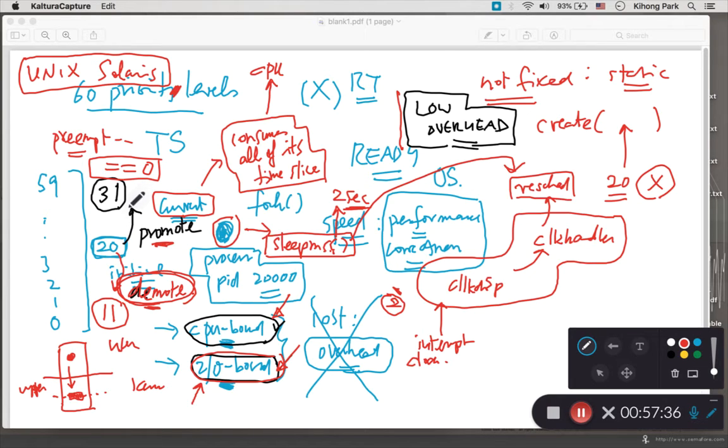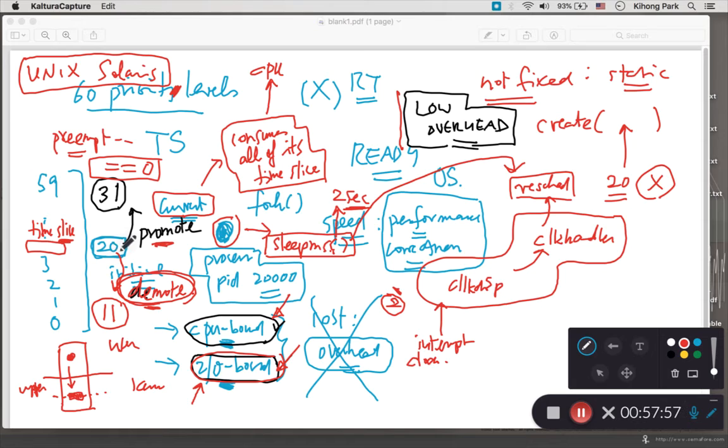But at the same time, we decrease its time slice. So it's not only the priority that is changing, the time slice is also changing. So neither priority nor time slice are constant.